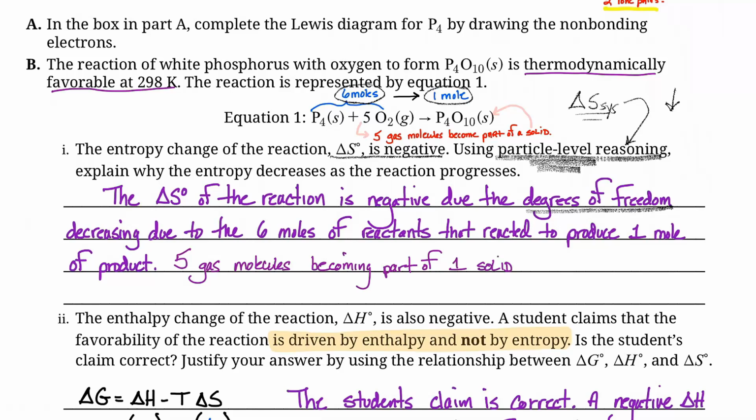Or you can say 5 gas molecules becoming part of a crystal. I think that would be a better way to say it. Part of a crystal lattice.